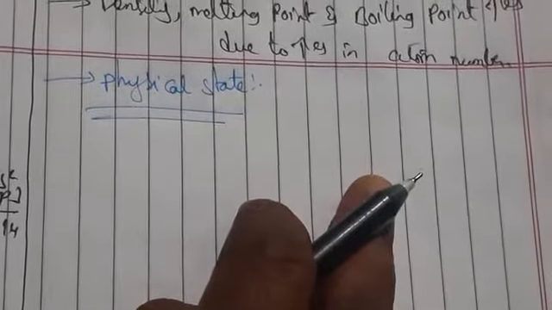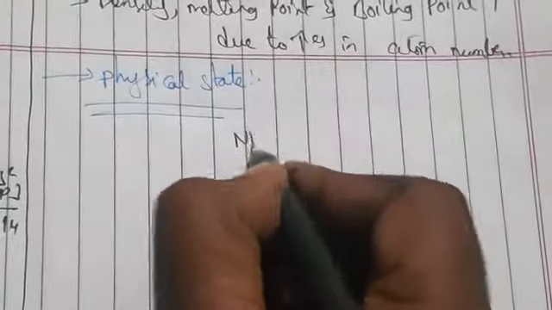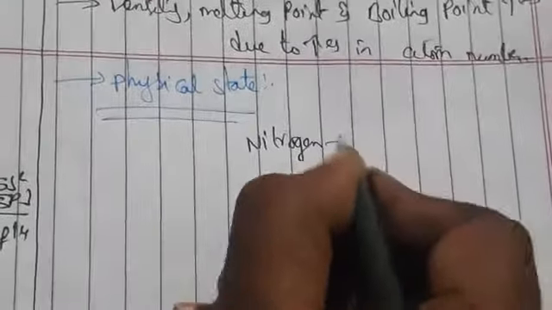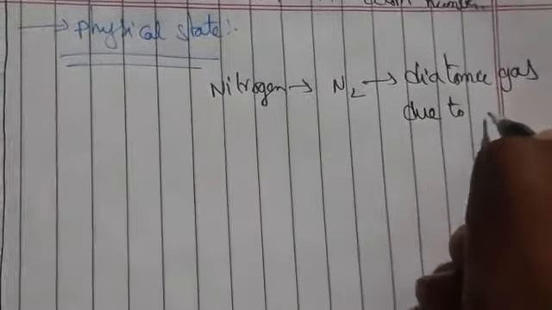Due to the small size of nitrogen. Nitrogen can be written as N2. Two atoms it is having, that's why we say it is a diatomic gas. Nitrogen has small size, that's why it is a diatomic gas.